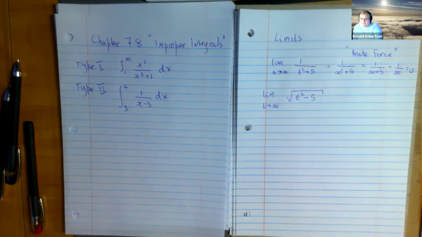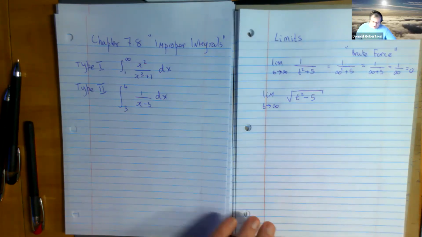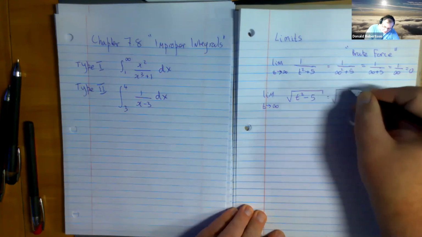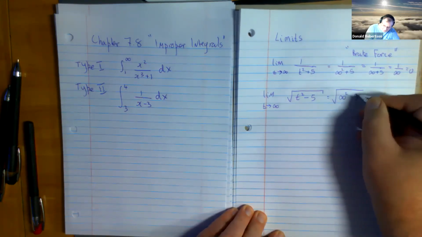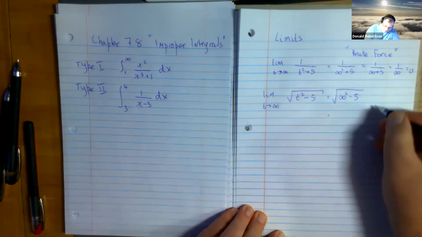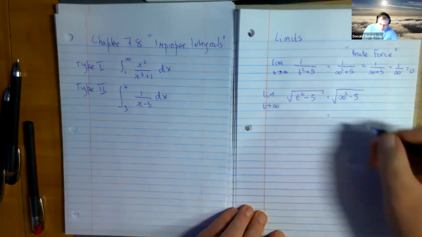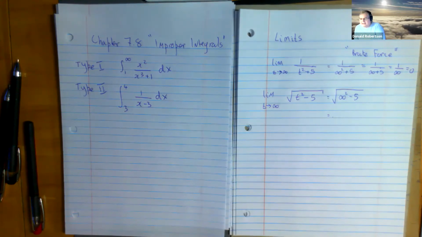The square root of t squared take away 5, but we're going to find its limit as t gets infinitely large. Well, according to the brute force method, we would go infinity squared take away 5. Let's do it all in one go. Isn't infinity squared still infinite? If you take 5 away from infinity, isn't it still infinite?